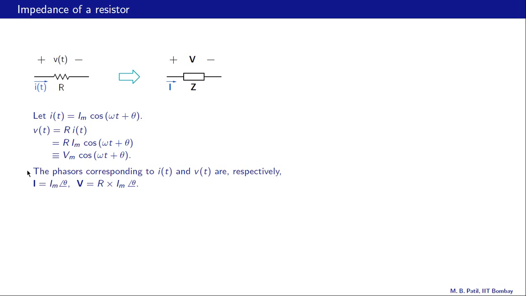Alright. Now the phasors corresponding to I of t and V of t are respectively, for I we have Im angle theta, Im is the magnitude and theta is the angle. For V we have R Im angle theta, R Im is the magnitude and theta is the angle.